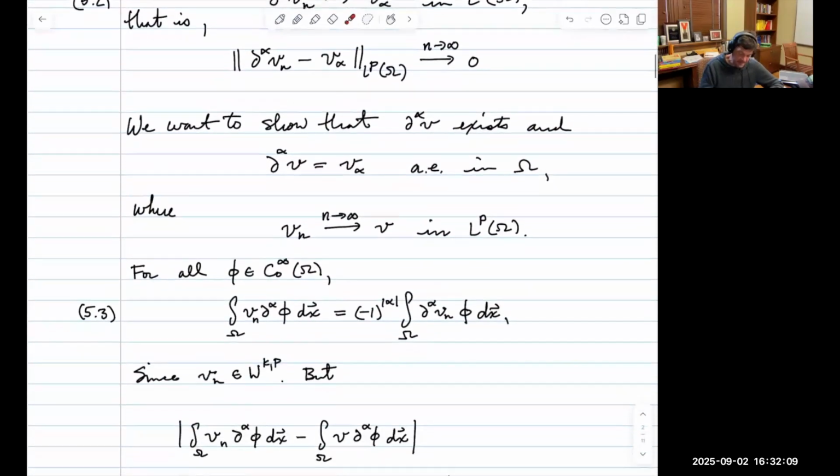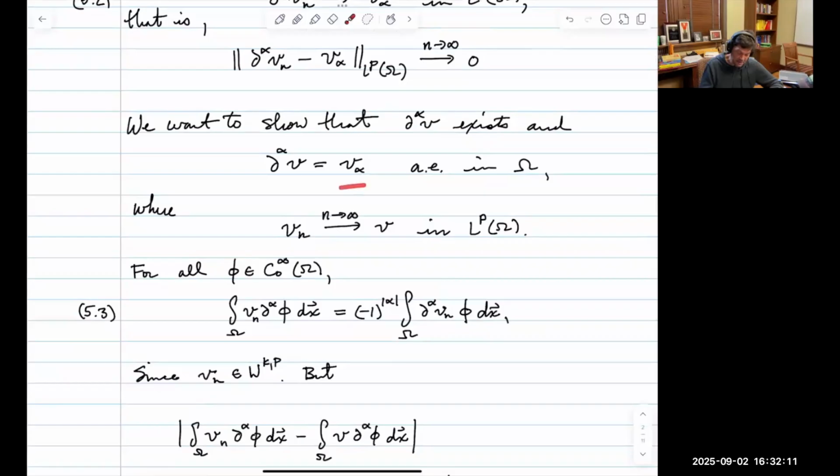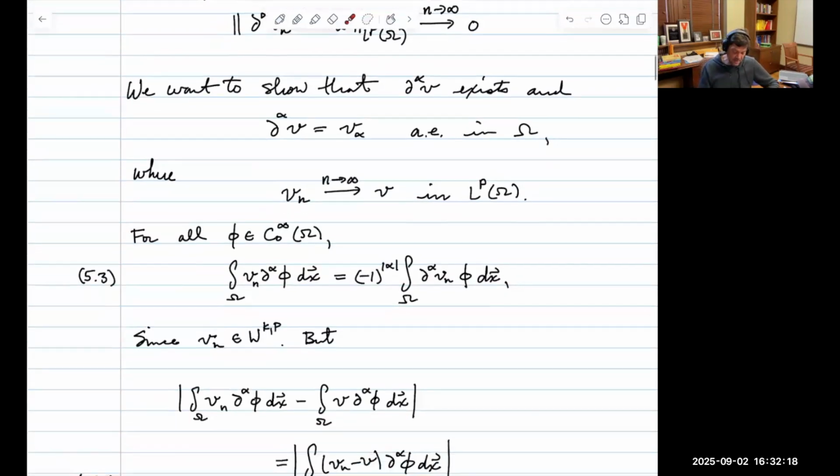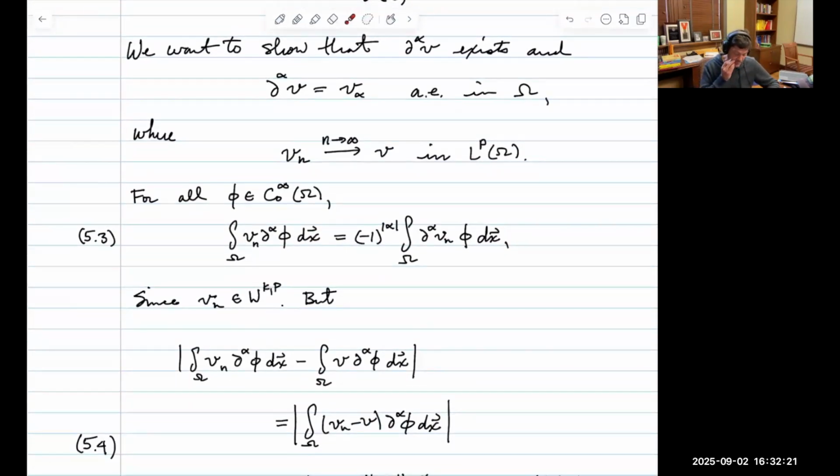All right, so that's essentially what I've said that I needed to show, where we have this base level convergence. So what we're going to do is use the definition of a weak derivative.